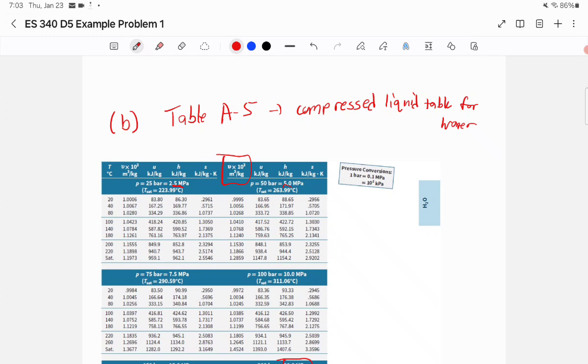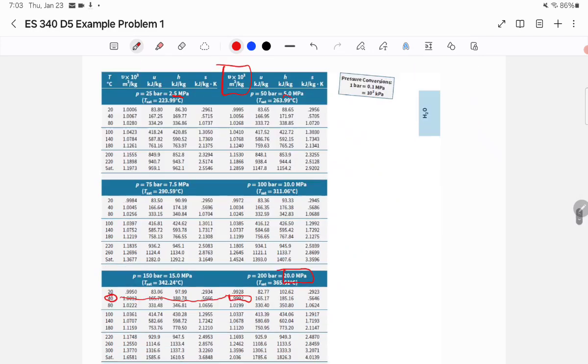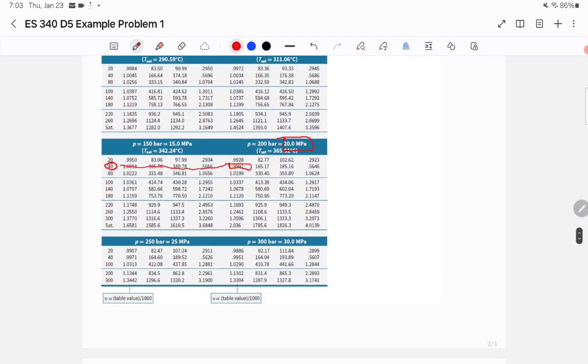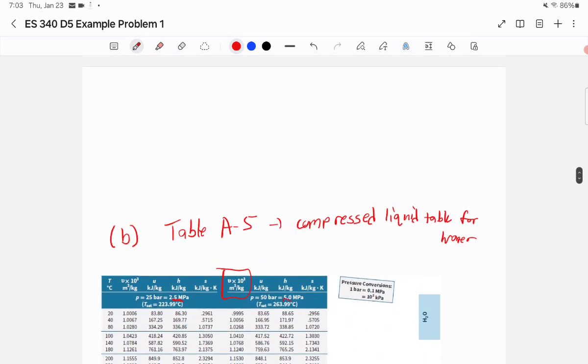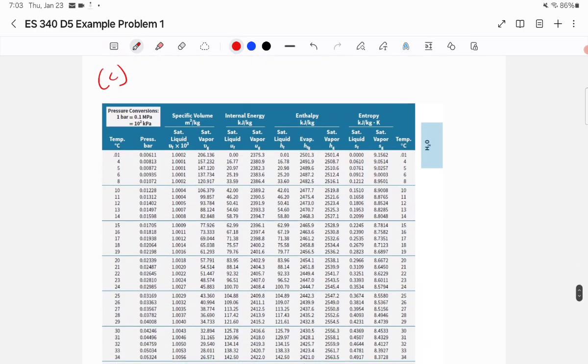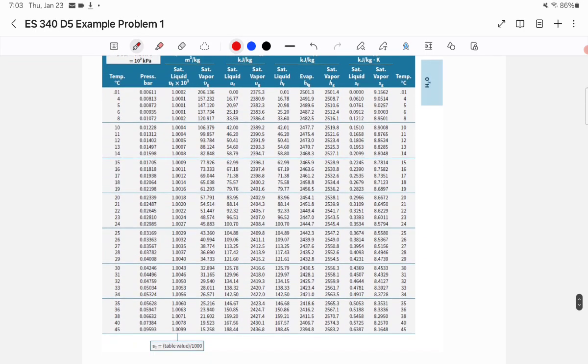Now, there's actually a trick with this because it is in the compressed liquid regime again, remember? It's definitely below the saturation temperature. But if it's not high enough pressure to make it onto the compressed liquid table, we can, and you'll see this in a moment, assume that the value is close to the saturated liquid value, and you'll see why in a moment.